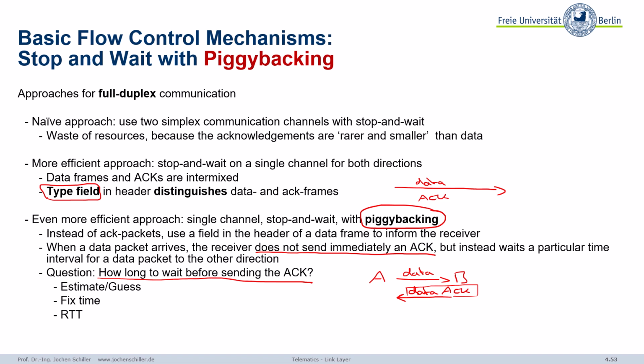So we can estimate the time, or well, the best idea would be that the round trip time gives me roughly the duration of how long I have to wait before I can expect an acknowledgement. So maybe I wait 2 times the round trip time, something like this. And if I get an acknowledgement within this time, either piggybacked with data or an explicit acknowledgement, then everything is fine. Okay, how does this look?